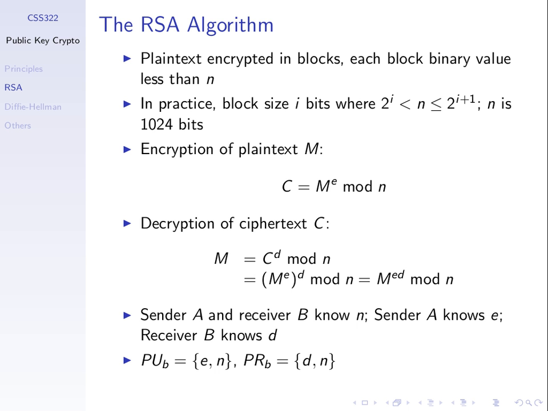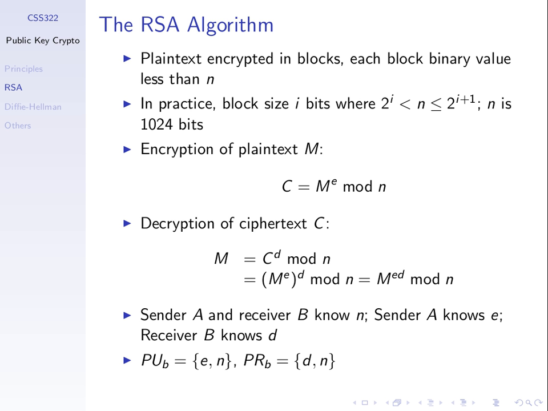All I did is bring this d inside here. Using our rules for modular arithmetic, m to the power of e to the power of d equals m to the power of ed, e times d.